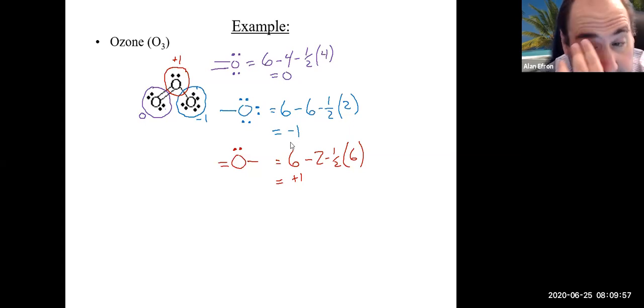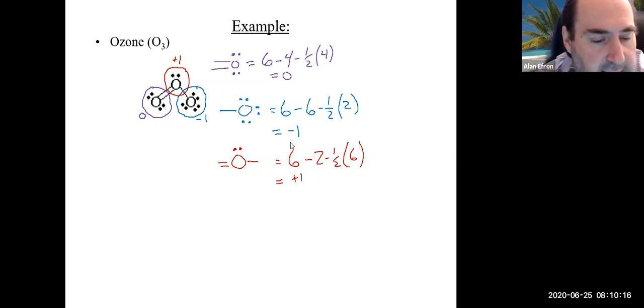Now, we finished up talking last time about formal charge, and formal charge is essentially the charge each atom would have in that particular structure if all the electrons were transferred.